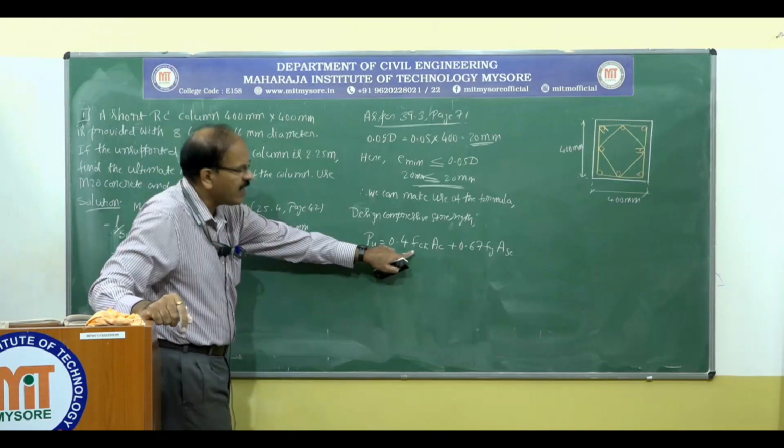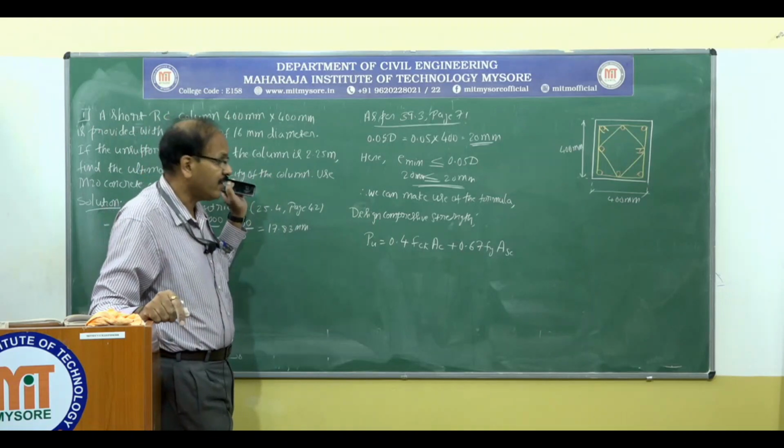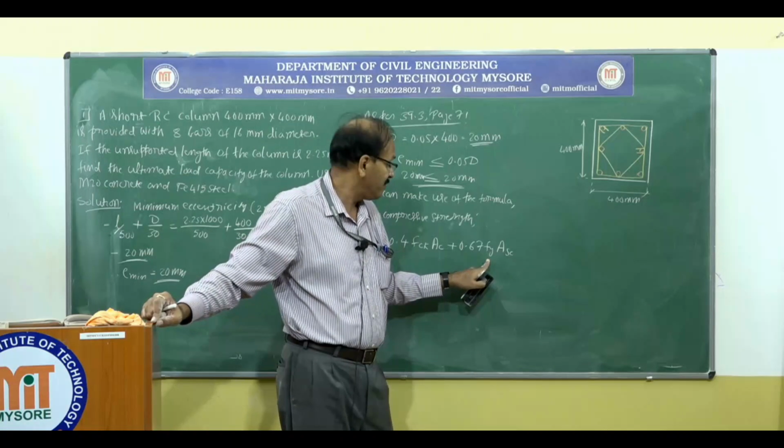Of course, fck is 20 Newton per millimeter square, that is the concrete we are using, M20 concrete, and for fy it is 415 steel, that is again given.